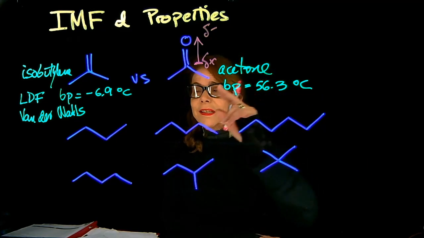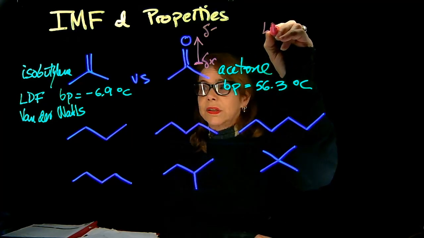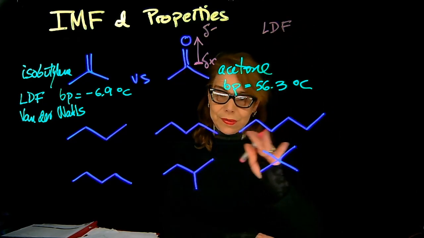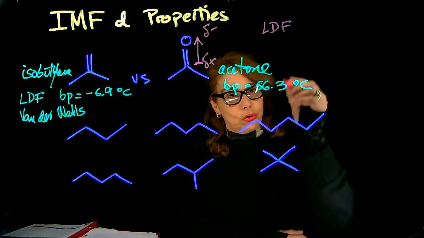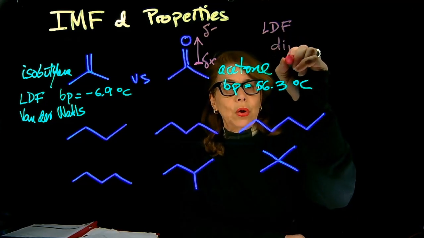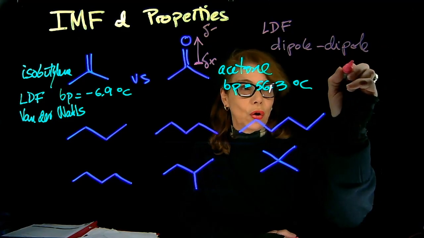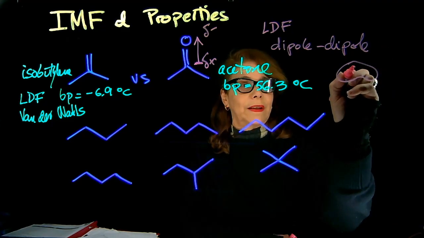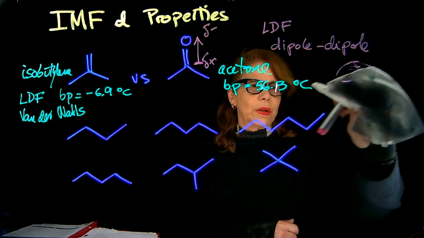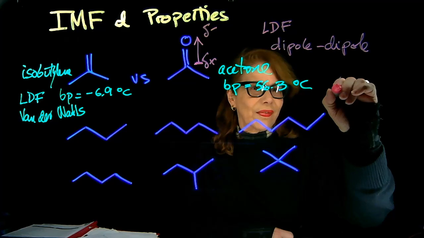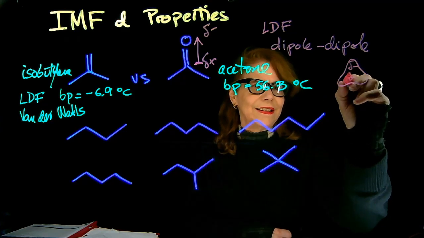But what this means is that we have different types of forces. Besides having London dispersion forces, because we have carbons and hydrogens, we will always have that type of force. But we have a force that is even stronger than that, which is dipole-dipole. We can draw this molecule with delta negative and delta positive here.